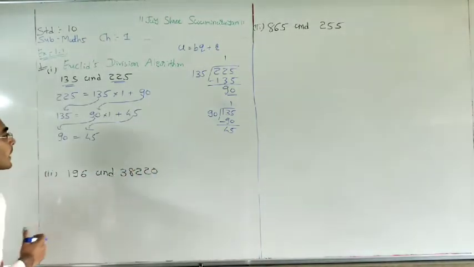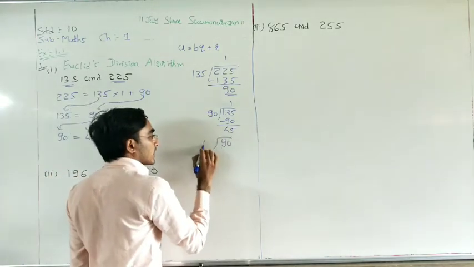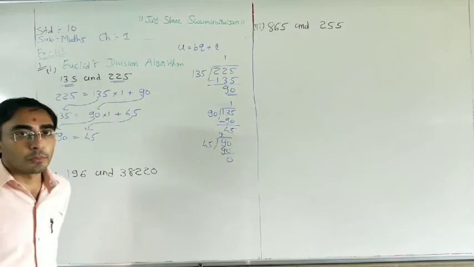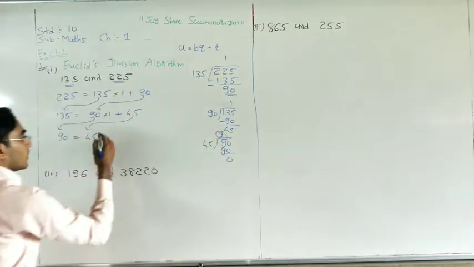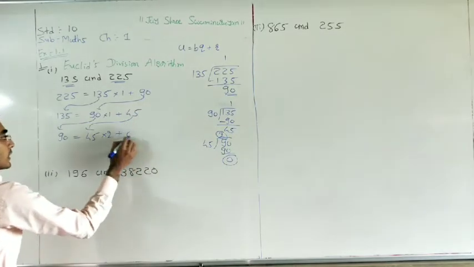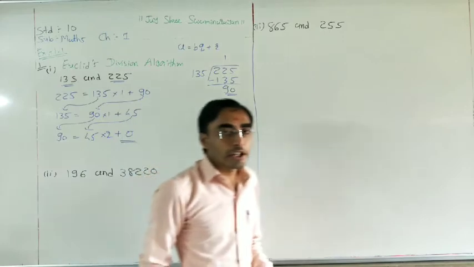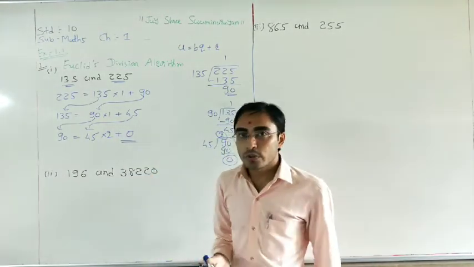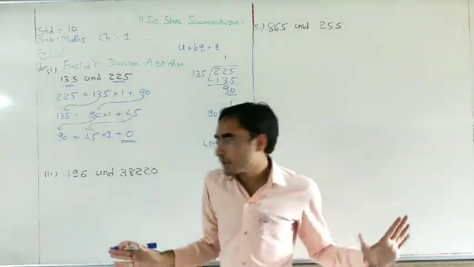Now 90 divided by 45. 45 twos are 90 and the remainder is 0. Here 45 is already written. Multiply by this quotient 2 plus your remainder 0. Now we get the remainder 0, that means our question is over. We want remainder 0, and right now it is 0, so our question is over.